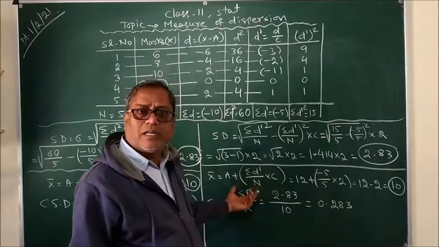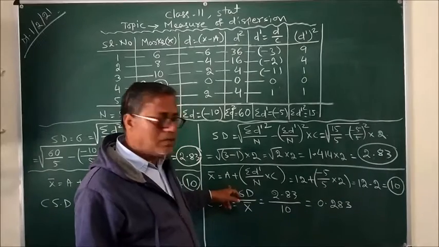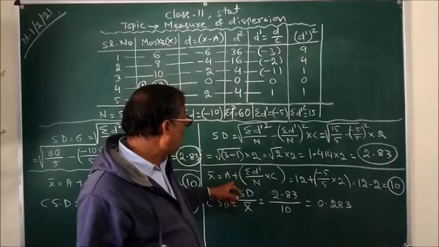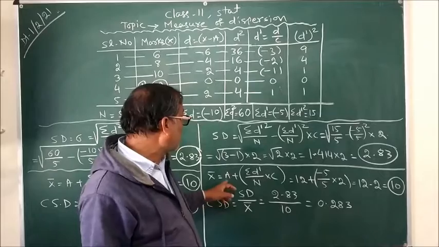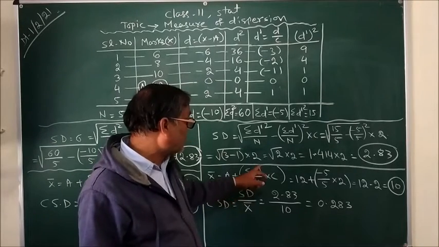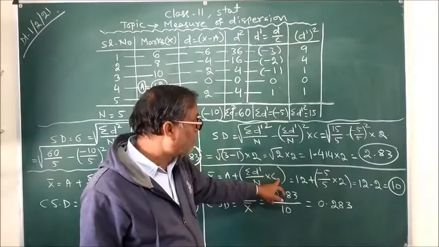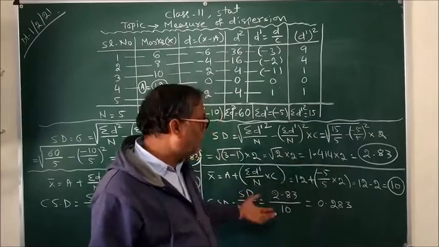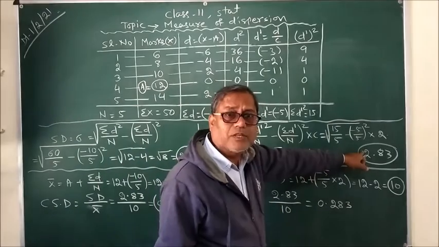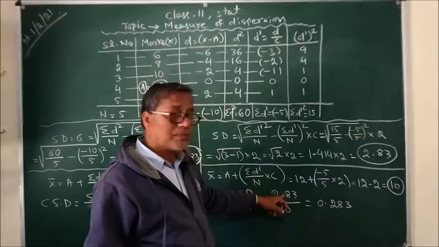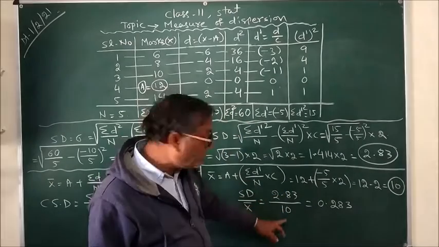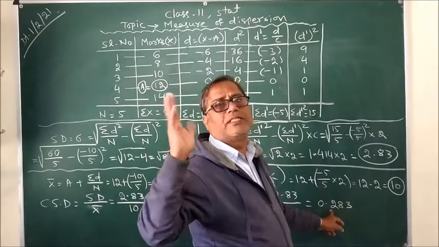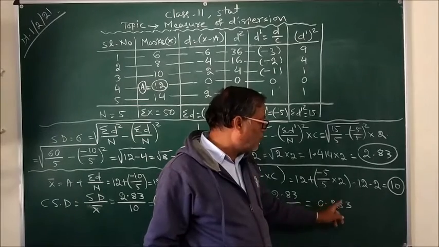And in order to find the relative value, we again find the arithmetic mean, and in the step deviation method the arithmetic mean is a plus summation d dash upon n, into common factor c. In this way we calculated the actual mean to be 10. Now no difficulty: we already have our standard deviation, the absolute value, so standard deviation divided by the actual mean, that is 10. Hence the coefficient of standard deviation is 0.283.